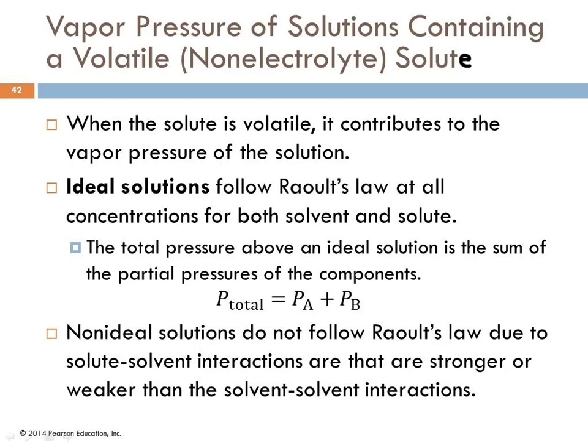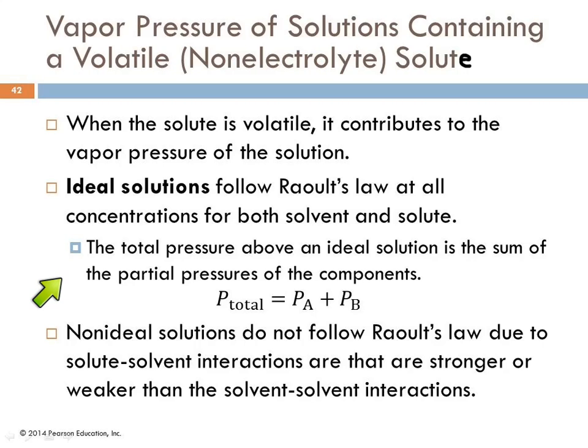It's a non-electrolyte. If the solute is volatile, it evaporates also, and it's going to contribute to the vapor pressure. We've talked about ideal gases. There are such things as ideal solutions. An ideal solution obeys Raoult's law at all concentrations of both solvent and solute.